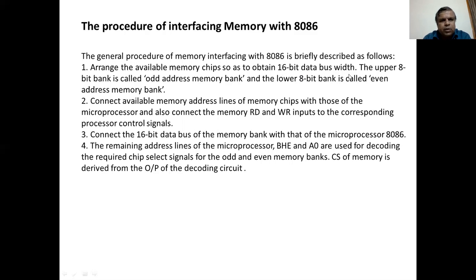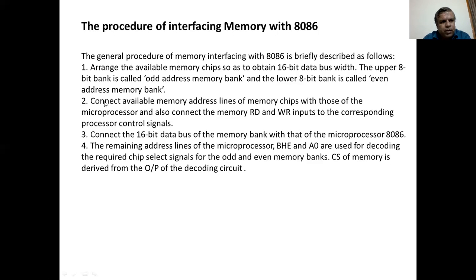First you need to know how many chips are required to interface with 8086. Once you know the memory chips, you have to arrange them to obtain a 16-bit data bus width. The upper 8-bit bank is called the odd address memory bank, and the lower 8-bit bank is called the even address memory bank. So you have to arrange the memory devices into the even address bank and the odd address bank.